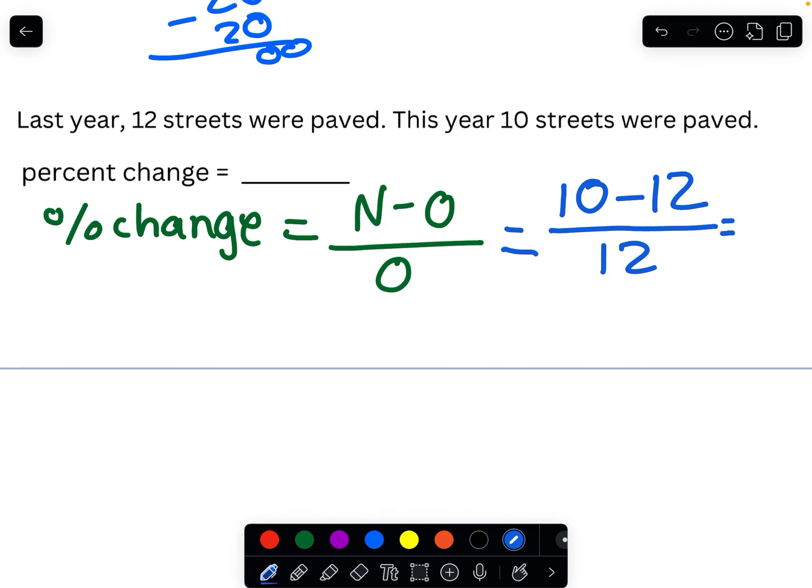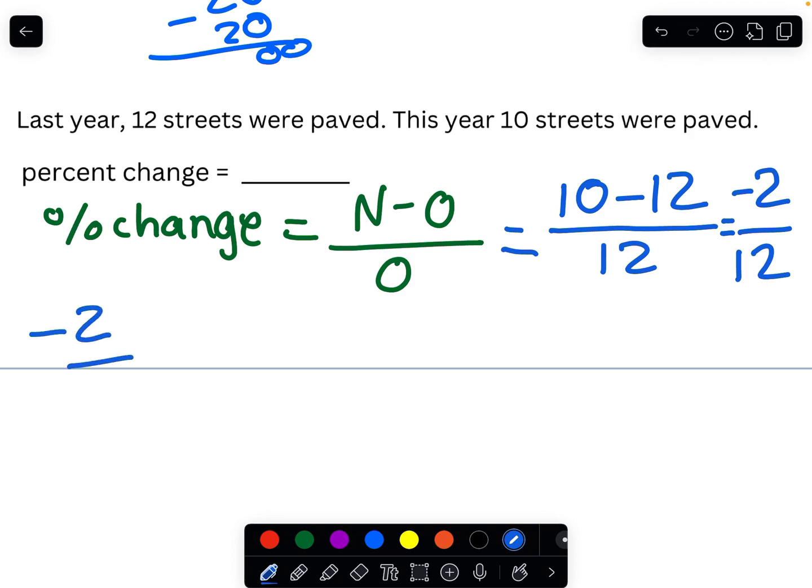And now, this is very interesting. We get a negative number because 10 minus 12 is negative 2. And so whenever we have a negative value in our percent change calculation, it really reflects a percent decrease. So the percent change reflects a percent decrease. And we've got negative 2 over 12. Let's say I want to make my calculations as easy as possible.